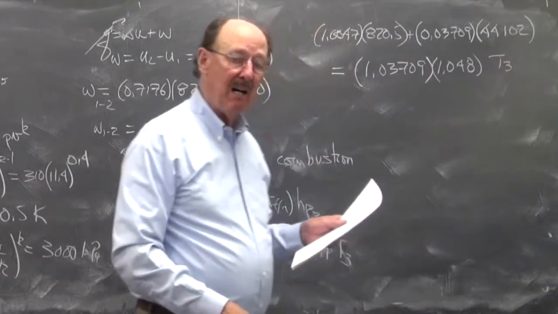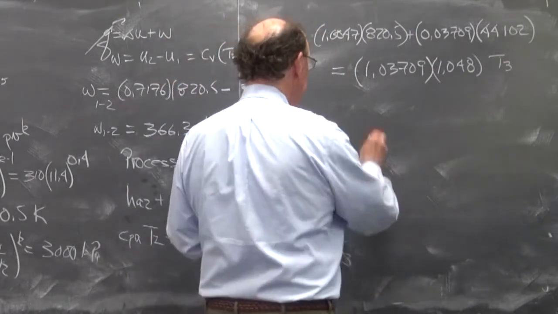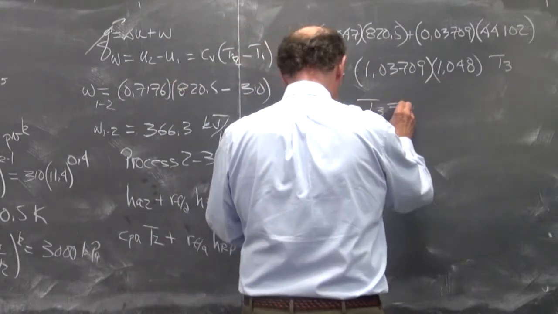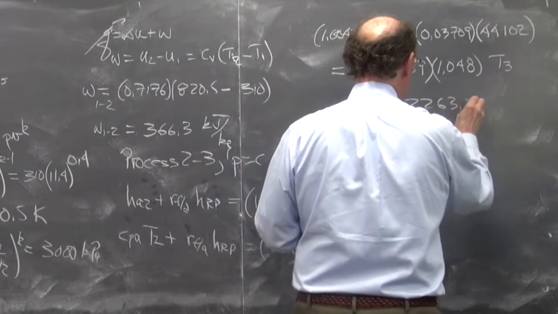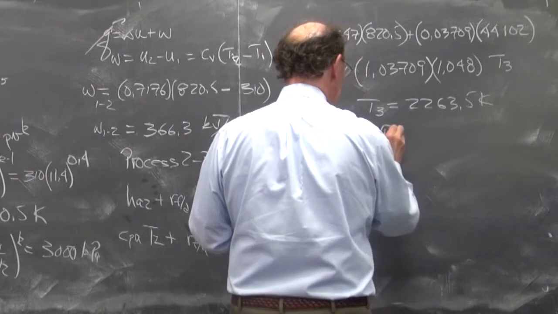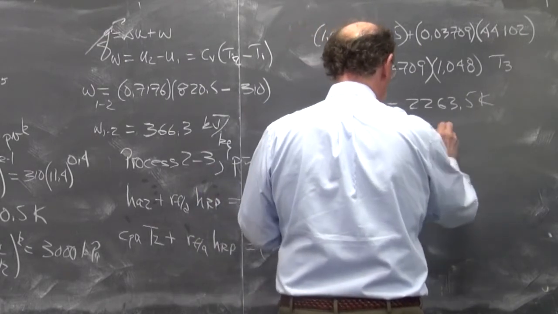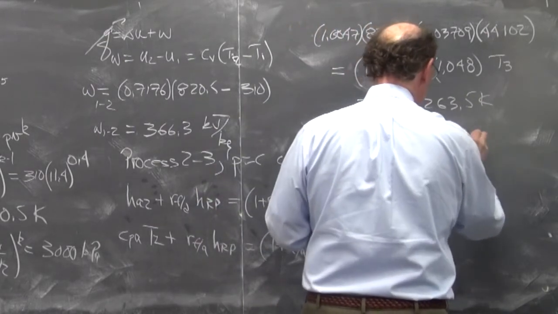So I'm able to solve for T3, and T3 is equal to 2263.5 degrees K. P3 is equal to P2 is equal to 3000 kPa.